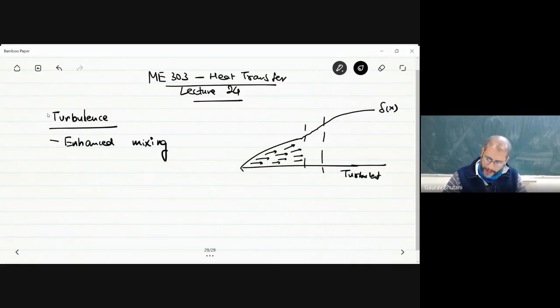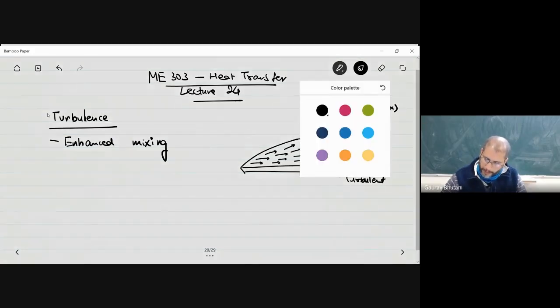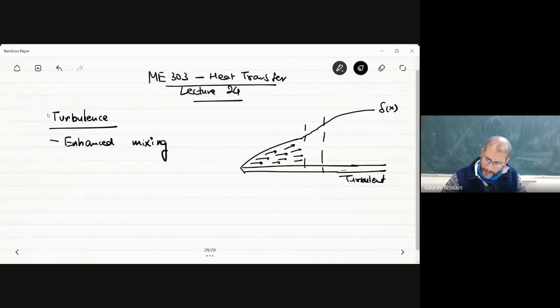So in this turbulent region above the plate, you will see some sort of vortices.